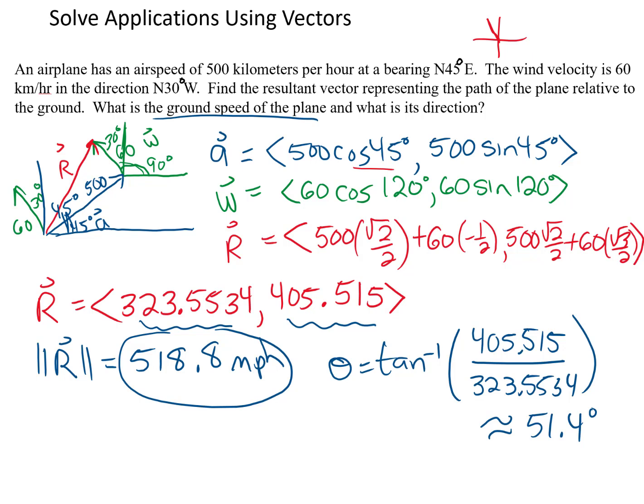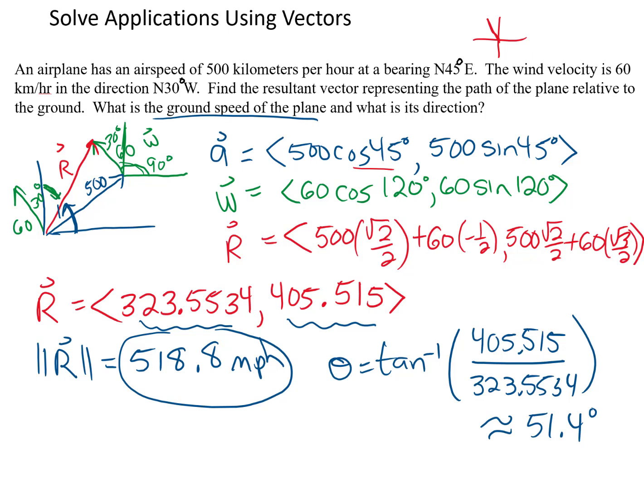Let's come up to our picture. I kind of got too many things on the picture. Let me see if I can erase some of that so we can see this a little bit better. All right, so that angle we found was this angle right here, up to the resultant vector, was 51.4, but if we want to give it as a bearing, we want to measure off from north, so we want this angle right here.